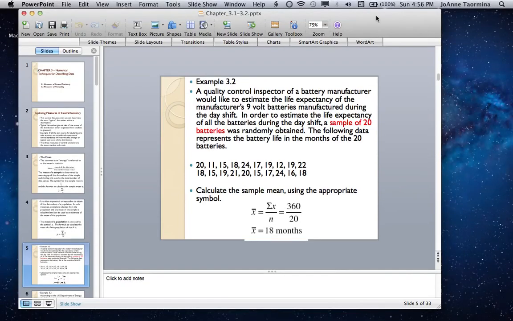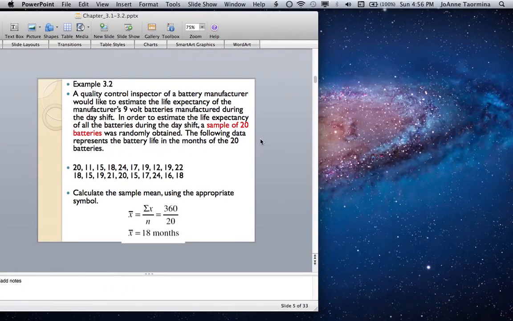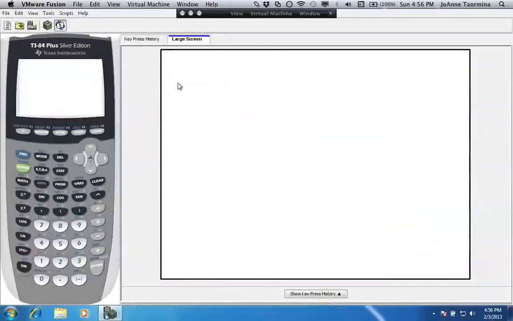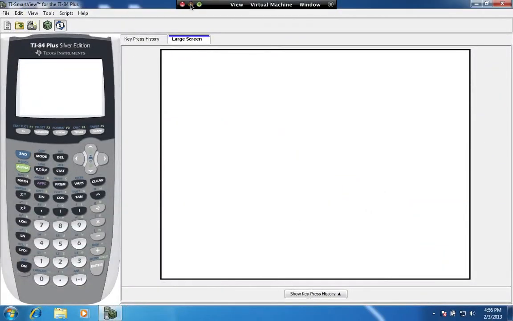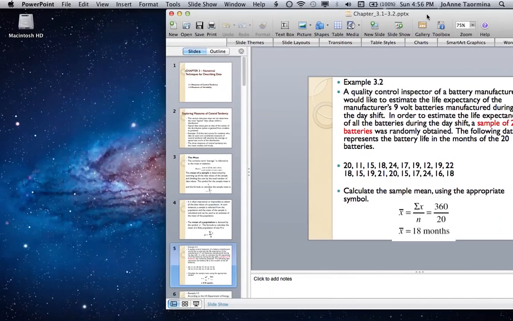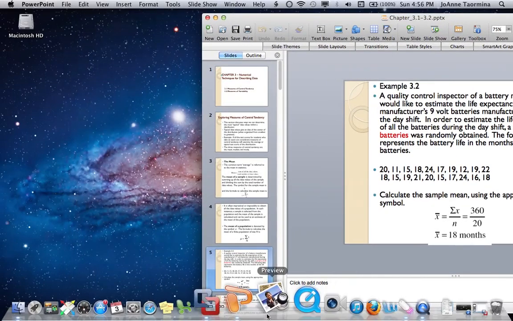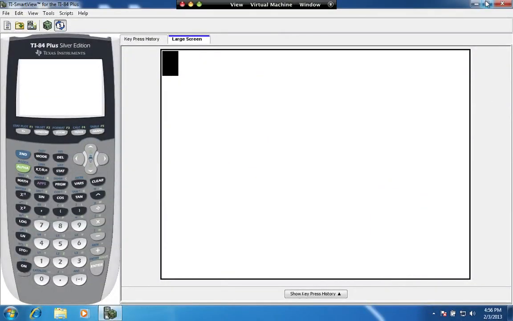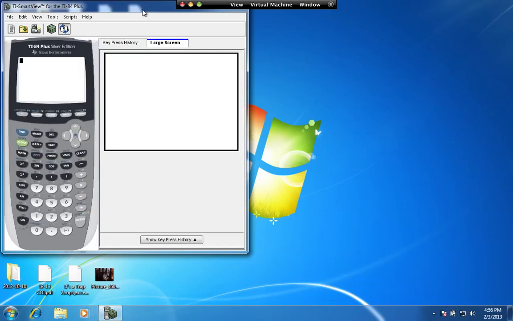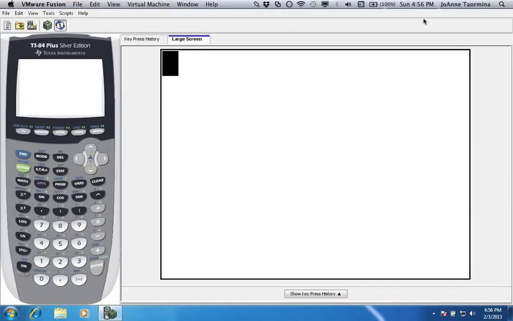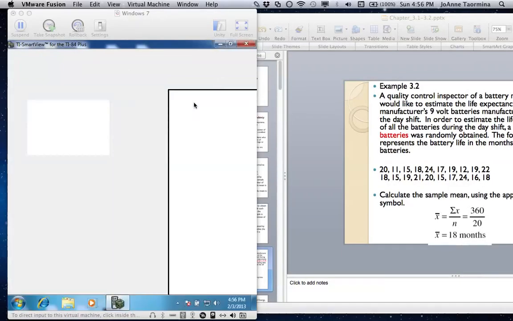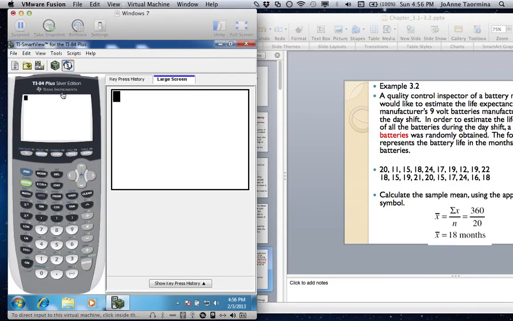So we can do that on our calculator. A good technique for doing calculations involving the mean is to use parentheses, so you could wrap the entire numerator in parentheses.